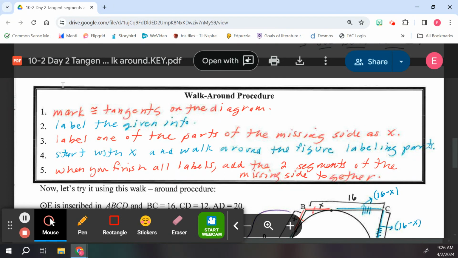Label one of the parts of the missing side as X. Start with X and walk around the figure labeling points. And when you finish all labels, add the two segments of the missing side together. I know this might seem a little complicated right now, but I promise you it's pretty easy.